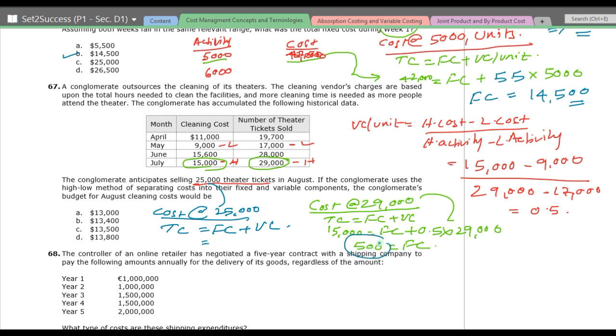Fixed cost is 500 and variable cost is 0.5. This is the high-low method. We found 0.5, which should be multiplied with 25,000, which gives you the total cost of 13,000. So the answer is 13,000. Next.